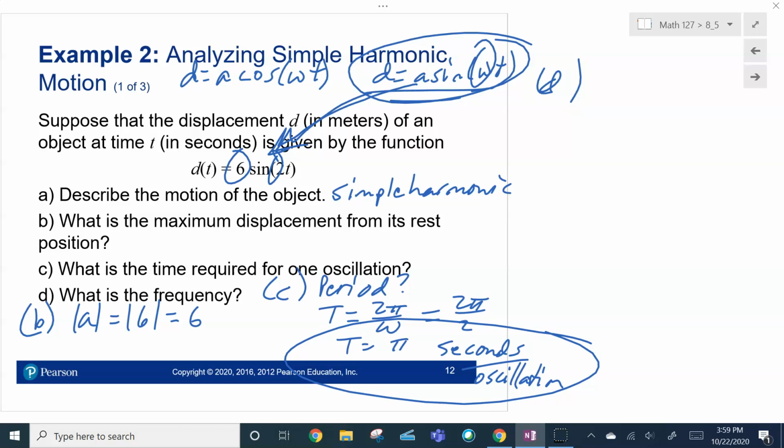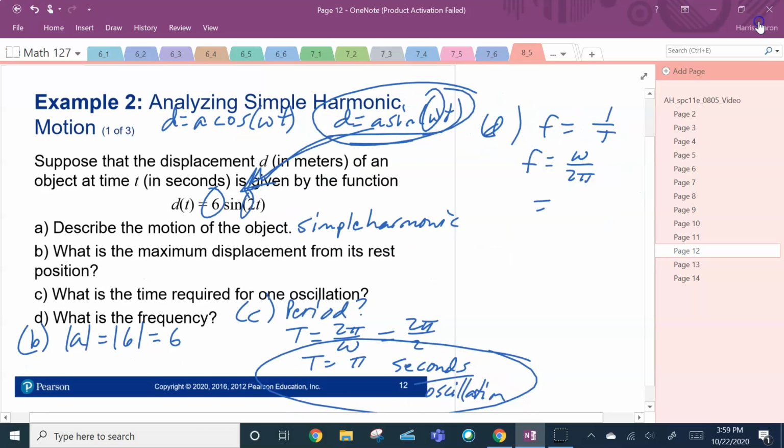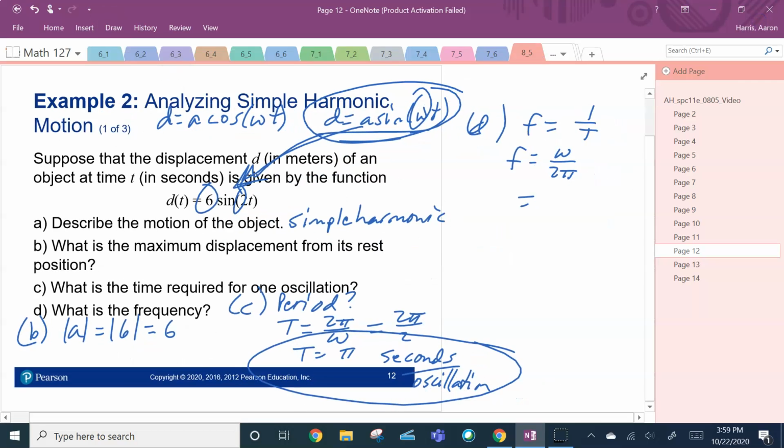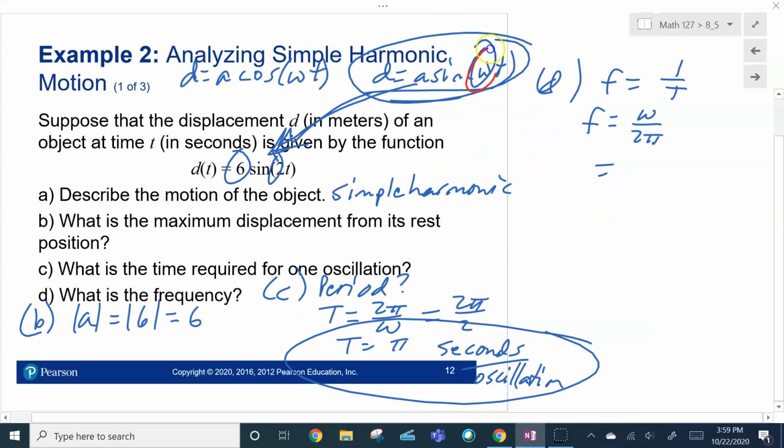Part D, what's the frequency? The frequency, if you remember, is the reciprocal of the period. In other words, it's omega over 2 pi. I just flip that period around. Instead of 2 pi over omega, it's omega over 2 pi. Our omega is that 2 right there, so we have 2 over 2 pi, so 1 over pi.